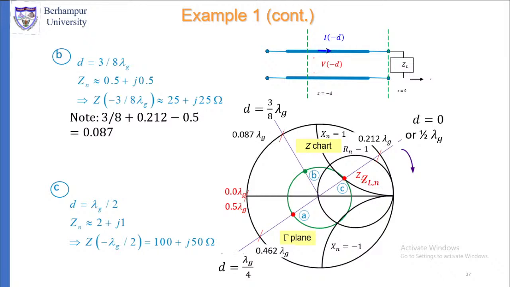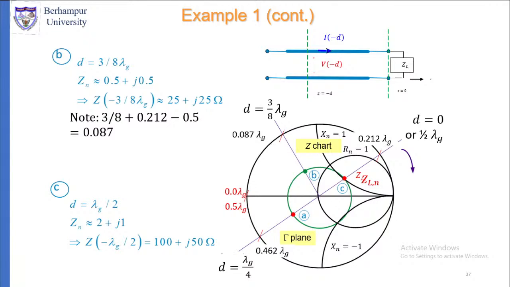So how do you locate point B? Locate point B by moving 0.087 lambda g from the short circuit end towards the generator. Move from the short circuit point a distance of 0.087 lambda g, and join that point to the center.